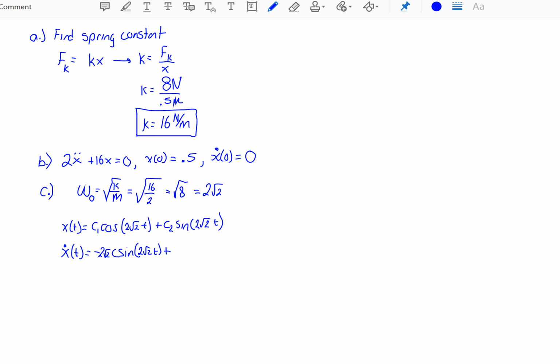Plus, the derivative of sine of anything is going to be the C2, not sine, cosine of 2 root 2t times, by the chain rule, the derivative of the anything, which puts a 2 root 2 in front.